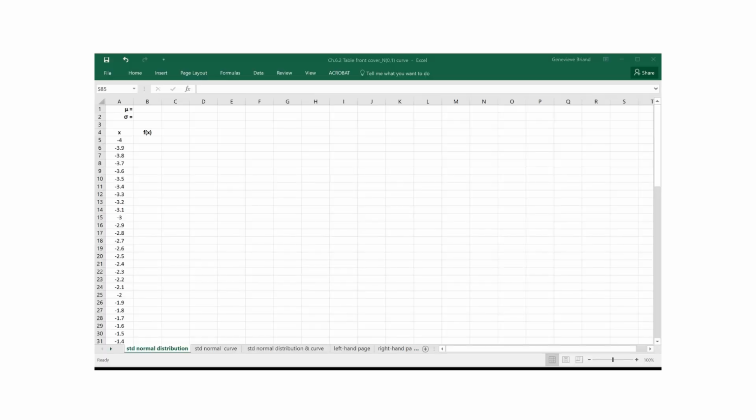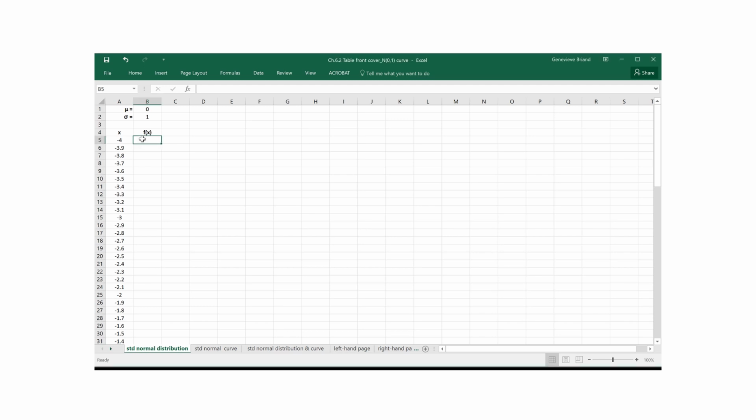Each normal distribution is uniquely defined by its mean, mu, and standard deviation sigma. We want to work here with the standard normal distribution, which has mean equals 0 and standard deviation equal to 1, so that's the value as we specify.